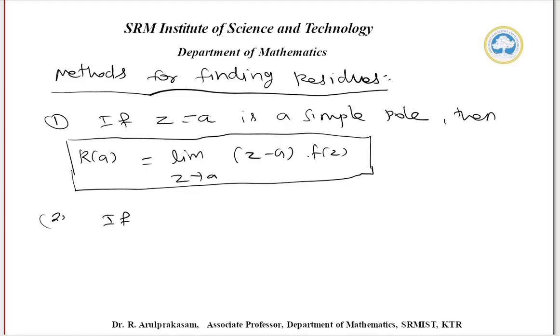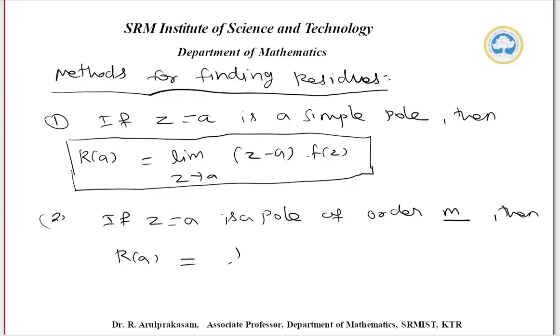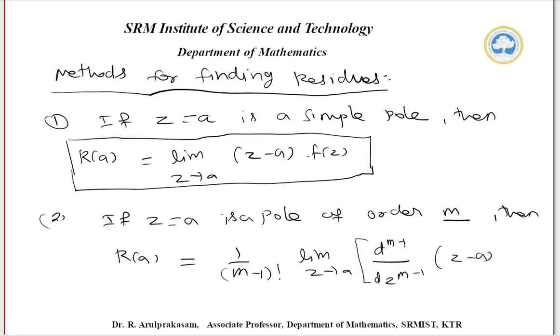If z equal to a is a pole of order m, then the residue at the point a is 1 divided by (m minus 1) factorial, limit as z tends to a, of d power m minus 1 by dz power m minus 1 of (z minus a) to the power m into f of z. This is the second type of residue formula.